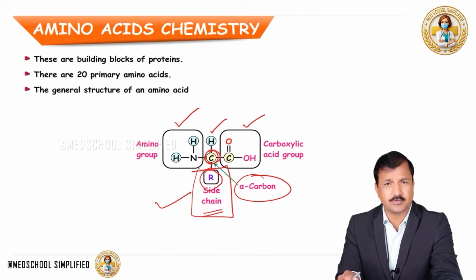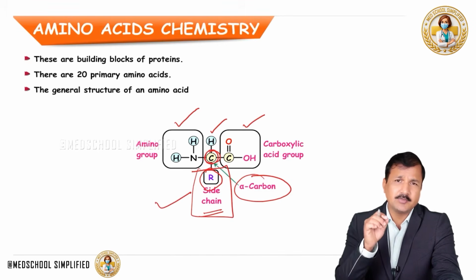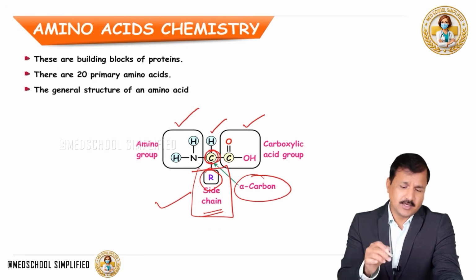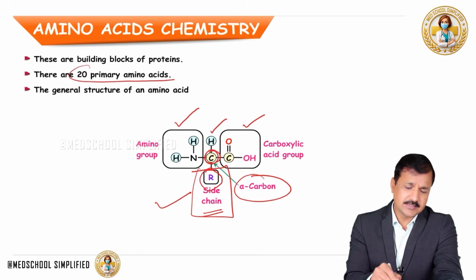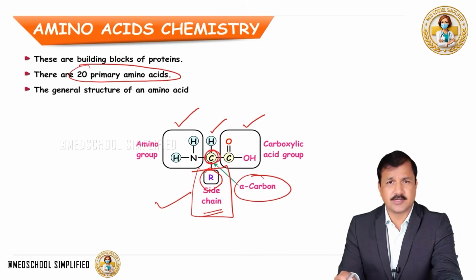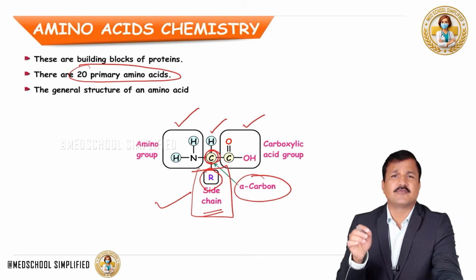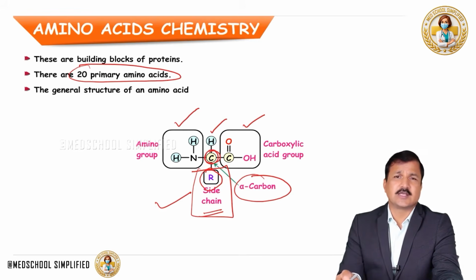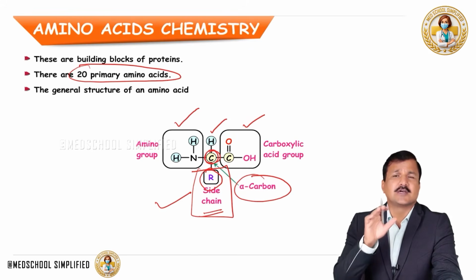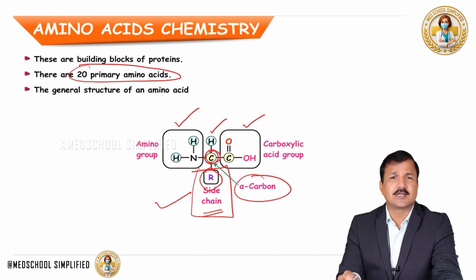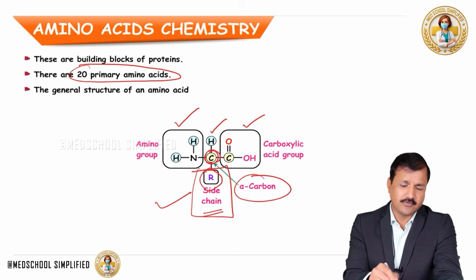So how many amino acids do we have? In the human body, whatever protein you take, it is made up of 20 standard amino acids, or 20 primary amino acids. Some of the proteins may not have all 20 amino acids, but these 20 amino acids are basically referred to as the building blocks of all proteins.